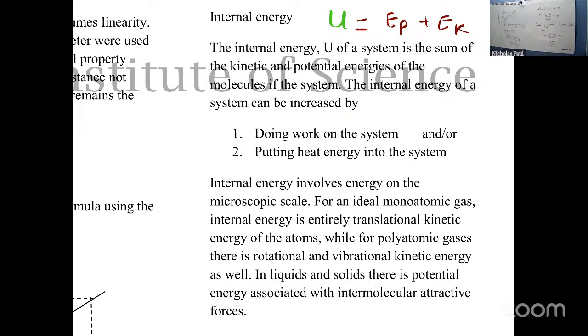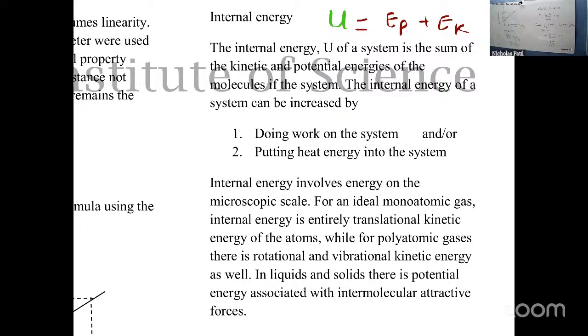What about potential? You can increase the internal potential energy. Which has more internal potential energy, a solid or a liquid?